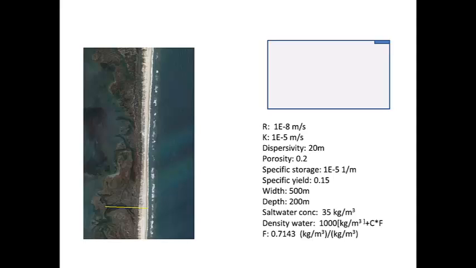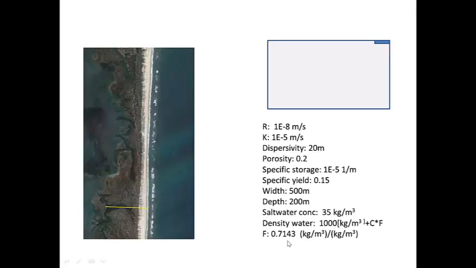Okay, so we'll set up a model of that. Here are the properties that we'll assume. The width is 500 meters, and we'll assume that it's 200 meters deep. That's actually pretty thick, but it'll serve our purposes to show how this system is set up.